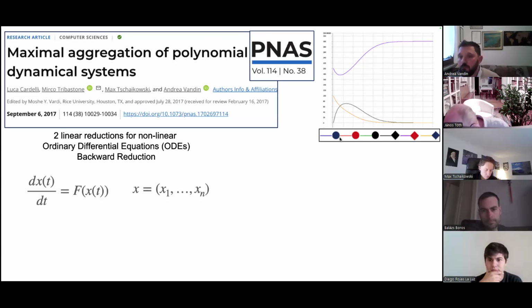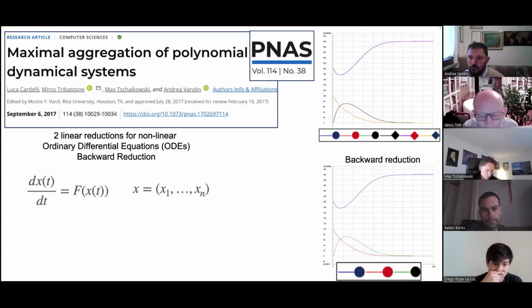Because these variables to which we gave the same color pairwise represent the same dynamics if initialized equally. We are able to discover this property, and this is what we call backward reduction. So we make a simpler model with fewer variables, only 3, preserving all dynamics in the model, okay?